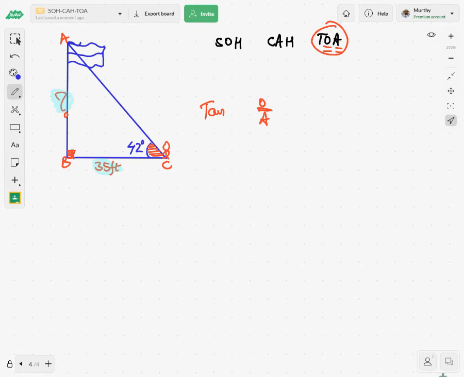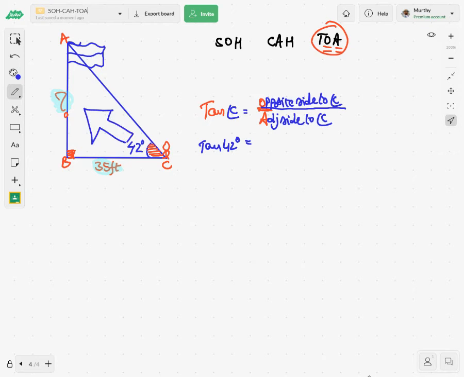Therefore, tan C equals the opposite side to angle C over the adjacent side to angle C. Then plug in the values. Tan C means tan 42 degrees, and the opposite side to the given angle, I don't know the value of that, so let it be AB, over the adjacent side, which is BC, or 35.